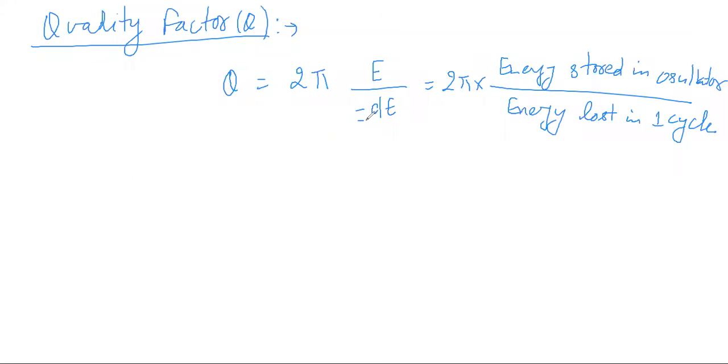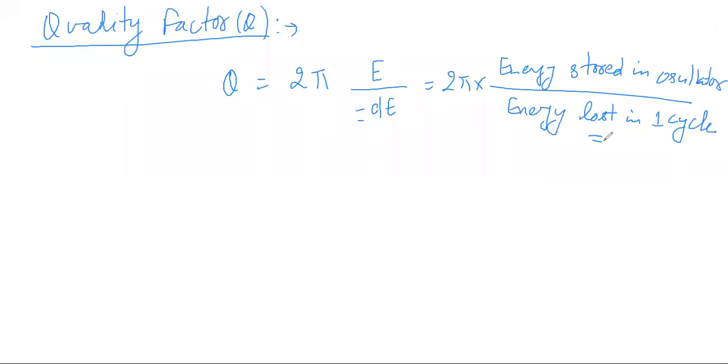From the definition itself, you can say that if your energy lost in one cycle is, let's say, 0, you have an ideal mechanical oscillator or ideal LC circuit. In that case, there is no energy loss, so your energy loss in one cycle is 0. Your quality factor would be infinite in that case. Hence, the more the energy loss in one cycle, the less your quality factor.